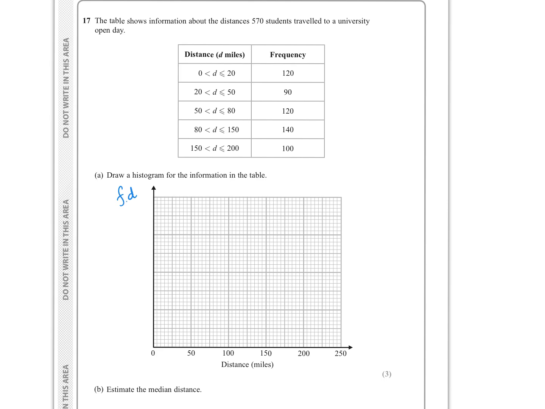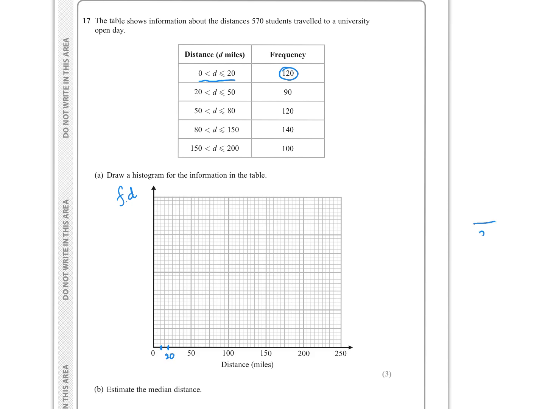Now, what I do know is the frequency is going to be the area of the bar. So if we have from 0 to 20, then we can go up in a sensible scale. So that's going to be 10, 20, it's going to be here. And I know that's the base.